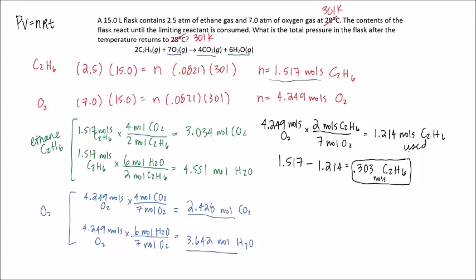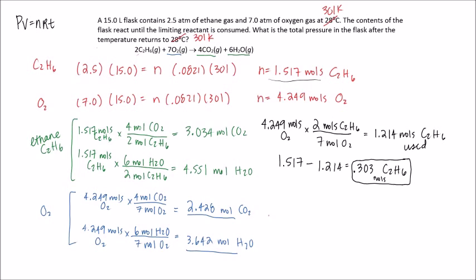So now back to the question, it's asking us, what is the total pressure in the flask after the temperature returns to 28 degrees or 301 Kelvin? So we are just going to use PV = nRT again. However, we need to figure out the total number of moles of gas in the flask when the reaction is done.